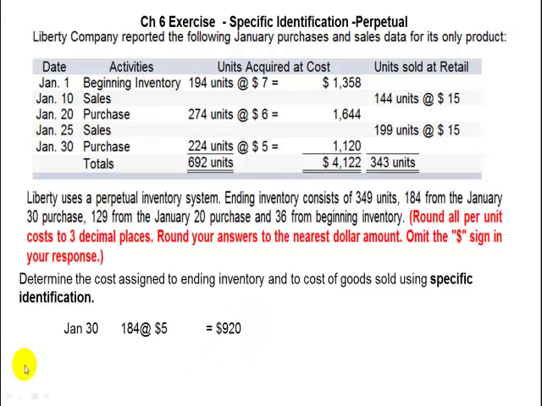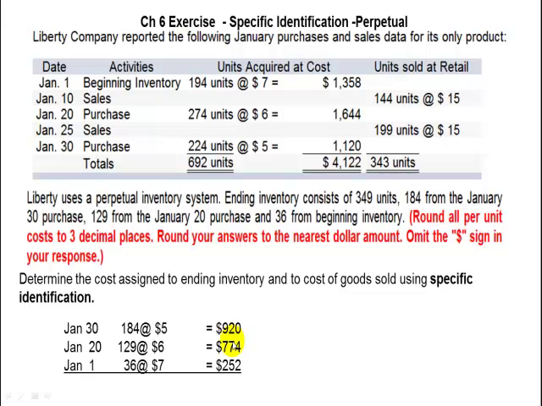Alright, on January the 30th, according to this information right here, we had 184 units at $5 a piece. That was this purchase right here. Total $920. On January the 20th, we had another 129 units at $6 a piece. That came again from this purchase right here, $774.